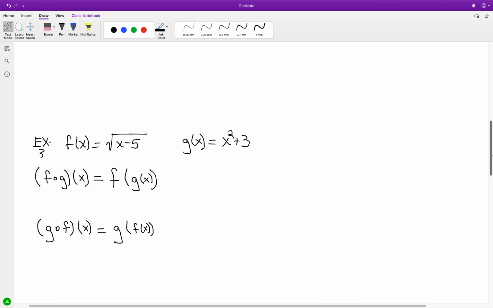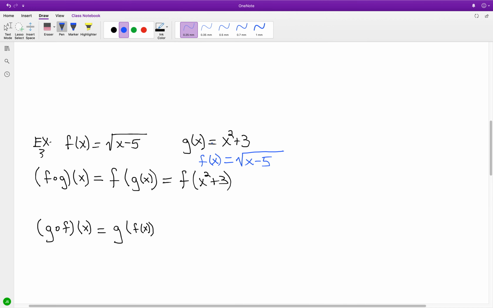All right, now let's say that I have another set of functions, this time where we have f of x is equal to the square root of x minus 5, and g of x is equal to x squared plus 3. Okay, so if I have f composed with g of x, so we have f of g of x, and the input function g of x is now x squared plus 3. And we're going to operate in accordance with f of x in the follow-through. So we have f of the input is equal to the square root of the input minus 5.